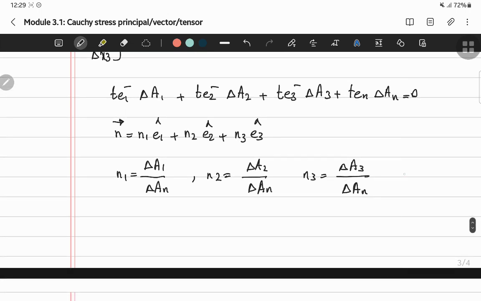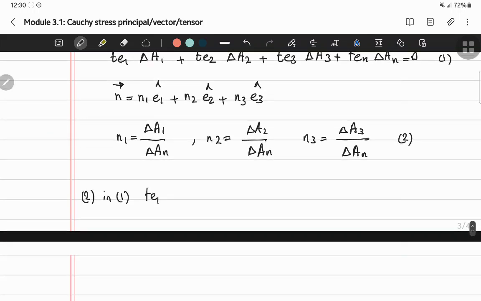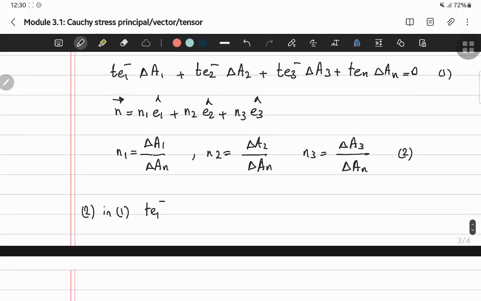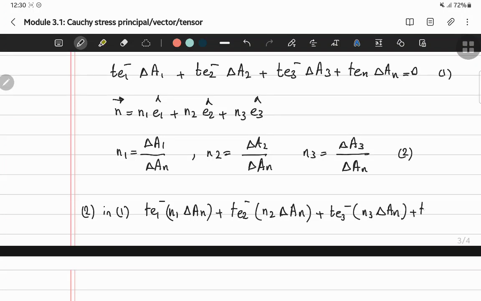So if I substitute 2 in 1, I get t e1 minus, so instead of del a1, I write n1 delta an plus t e2 minus n2 delta an plus, so instead of delta a3, t e3 minus, I write n3 delta an plus t en delta an is equal to 0.